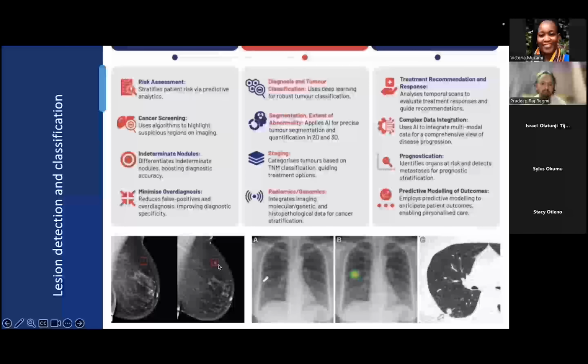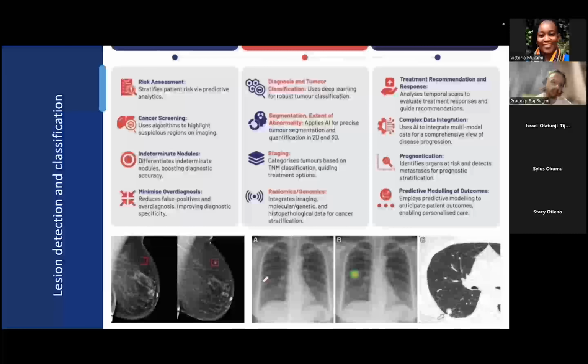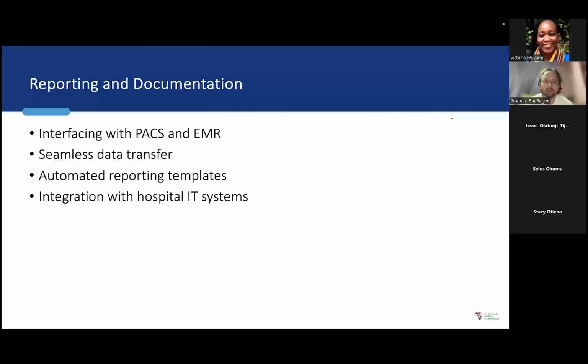Like this, in breast also, it is pointed by this square box by the artificial intelligence. So lesion detection is also one of the perspectives we can think of while applying the artificial intelligence model in clinical workflow. Another is reporting and documentation.